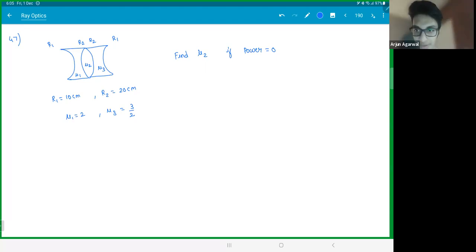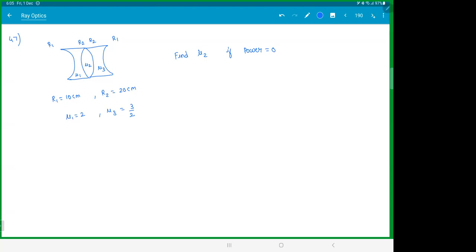The power of the entire apparatus is zero, right? Yeah, power of the full system. Get it. Simple calculation. There's nothing in this question. Just brute force. Put in the formula and done.